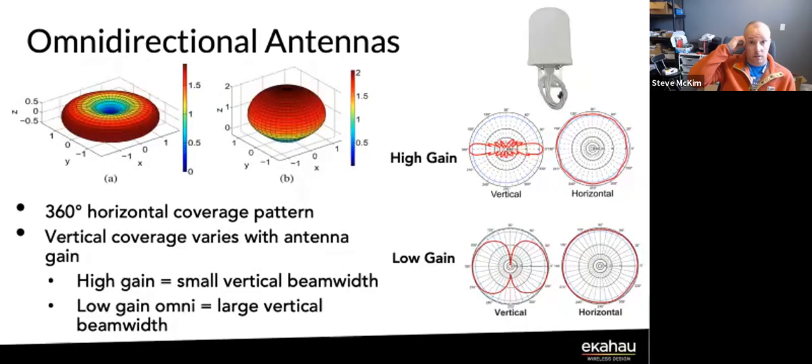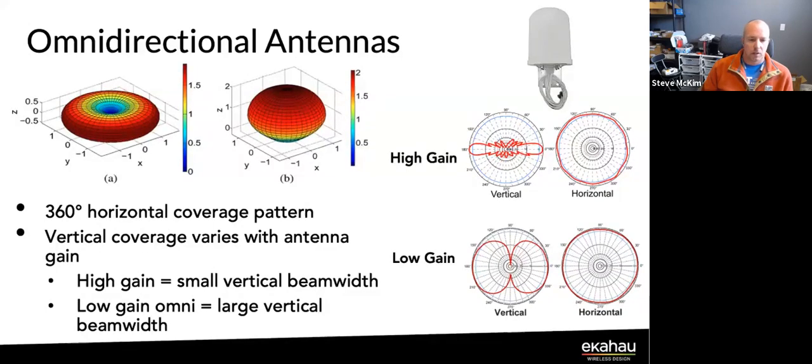Sure. So the external omni is generally going to be a higher gain. And you can see from the slide here, generally, if you go higher gain, you're just squishing that donut, right? So you have a much narrower vertical pattern. You're going to get more distance out of it, more gain horizontally, but not so much of the vertical beam width.